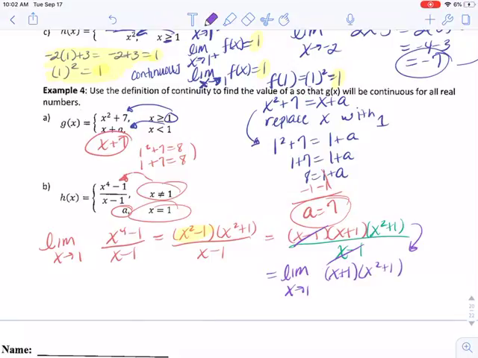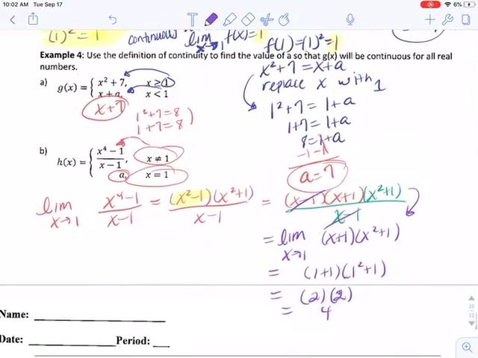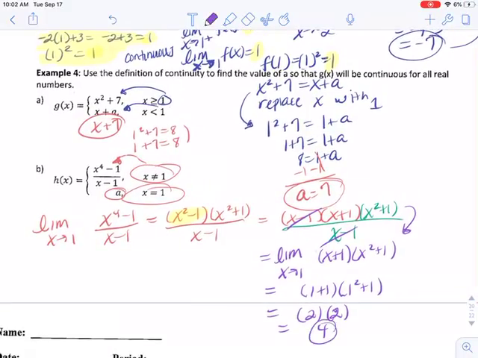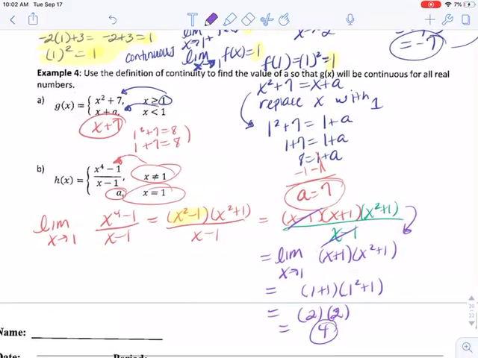To find the limit, you plug in 1 plus 1 and 1 squared plus 1, which is 2 times 2, which equals 4. So the limit as x approaches 1 is 4. Therefore, at x equals 1, this will have to be a 4. So a has to be 4.